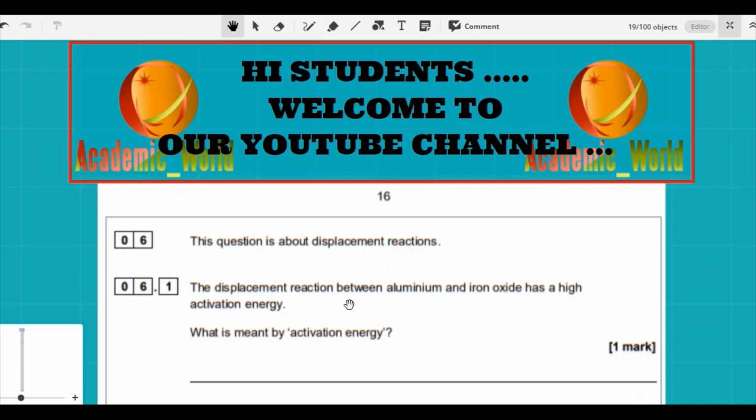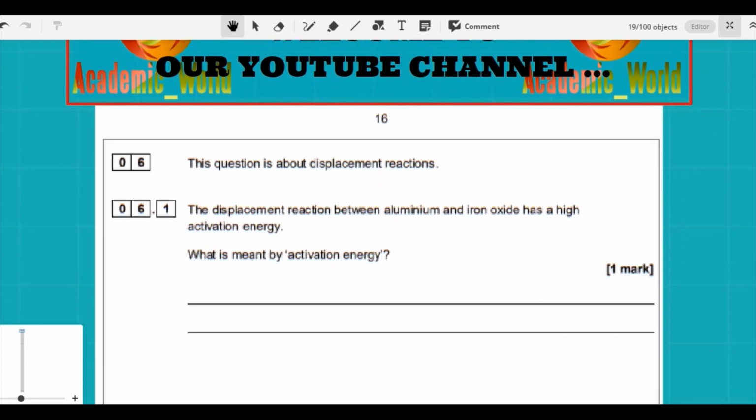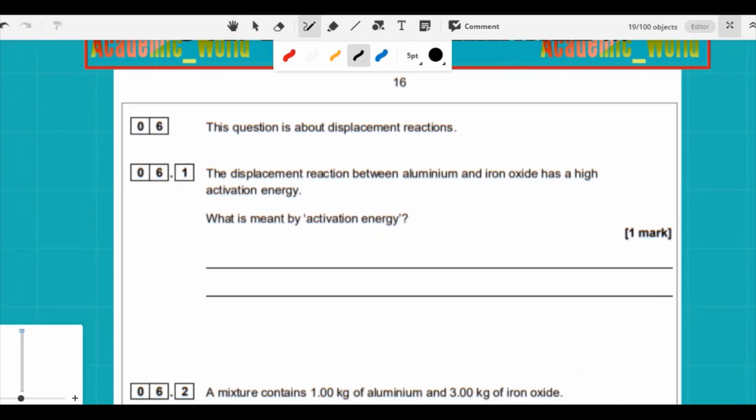The displacement reaction between aluminum and iron oxide has a high activation energy. So what is meant by activation energy? First of all, as we know, the activation energy is the minimum energy required or needed to start the reaction.